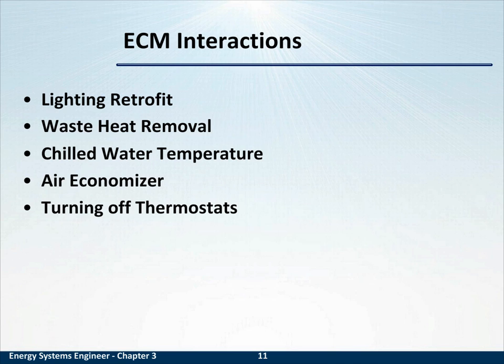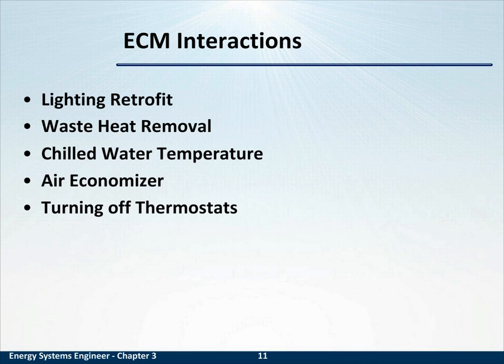Waste heat removal. Waste heat is often used for other HVAC purposes or even other manufacturing processes. If you have more efficient equipment that produces less waste heat, that heat then needs to be created somewhere.